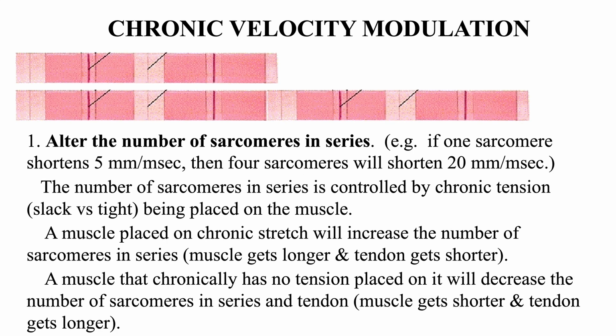You can also alter the number of sarcomeres in series. You can see right here is a good example of them. The top, there's only 2 in a row, as opposed to the bottom one, there's 3, almost 4 in a row right there. I guess it's 4 right there. Okay, so one of the best ways to alter the number in series is putting tension on the muscle.